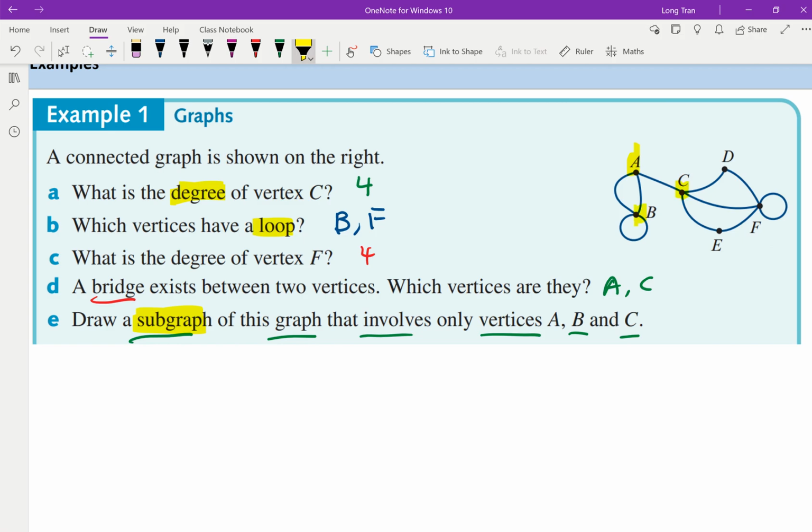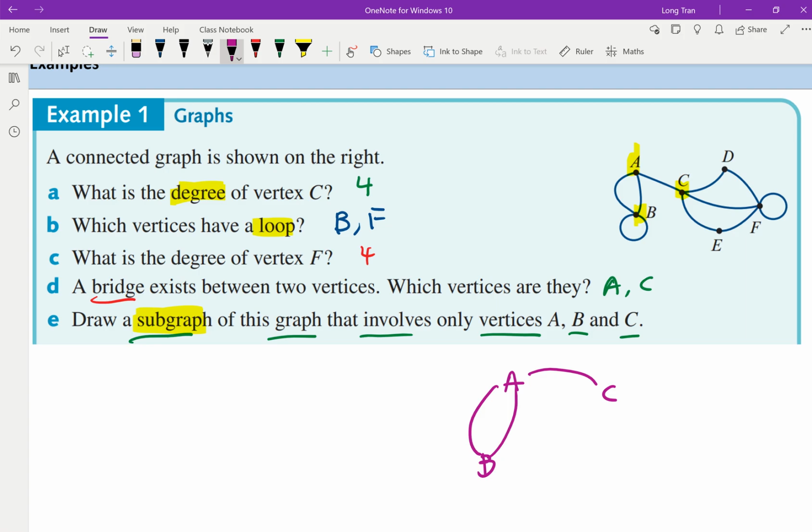So if I were to draw it, this could be a subgraph. You could have A, B, C, and I could have A to B, B loop itself, and A to C. That would be considered a subgraph because it's a part of that graph. Okay, I could have, say, that's a subgraph. So this would be an example of a subgraph because it's exactly the same except it's missing parts.